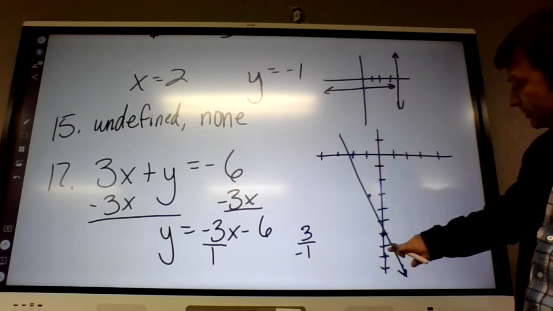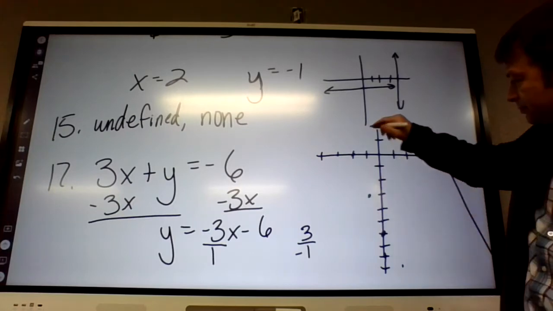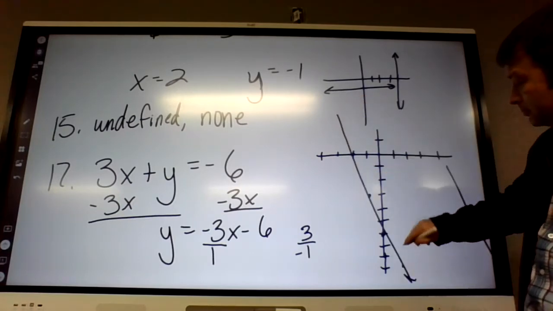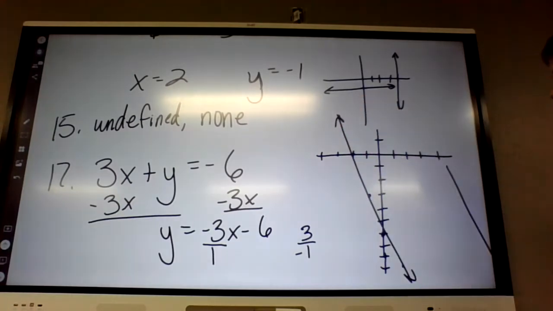How do you know if there's ever not going to be a line with an arrow? On this chapter, it doesn't happen.